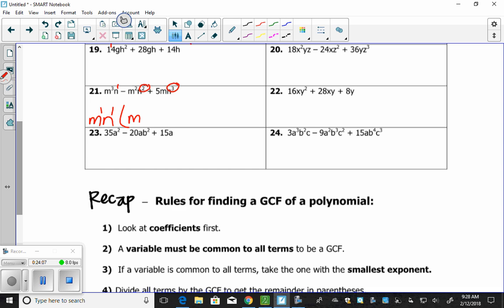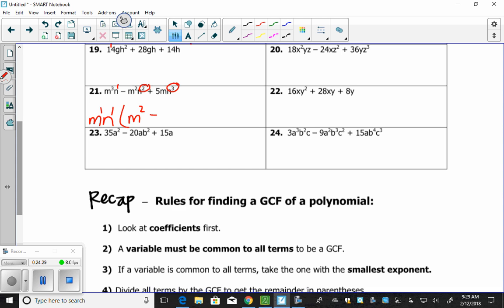Yes, but that's not what you said to begin with. Okay, n to the first divided by n to the first is? I didn't hear what you said. N to the first divided by n to the first is? 1. Goodness gracious, guys.